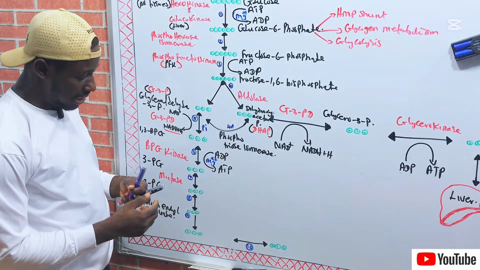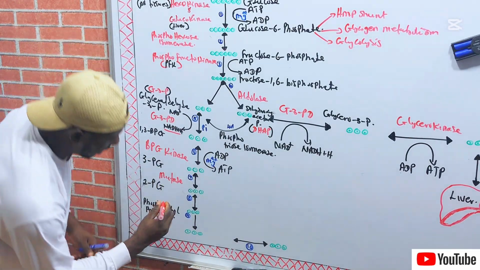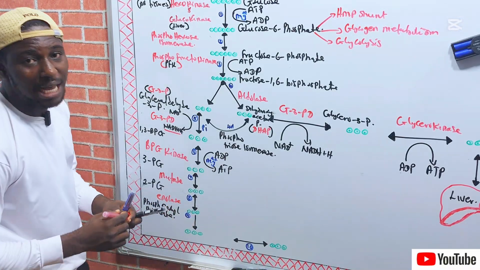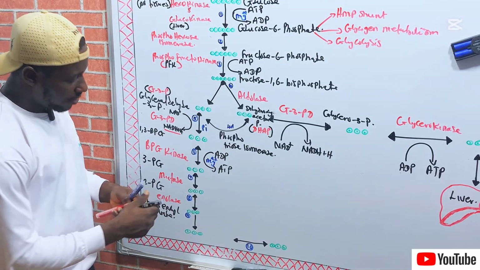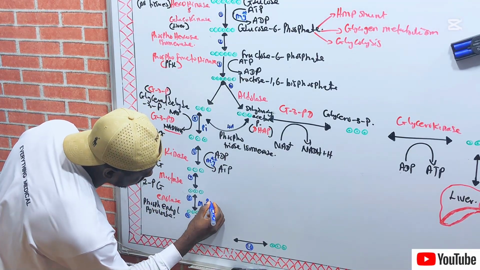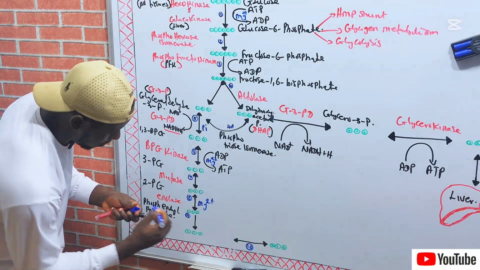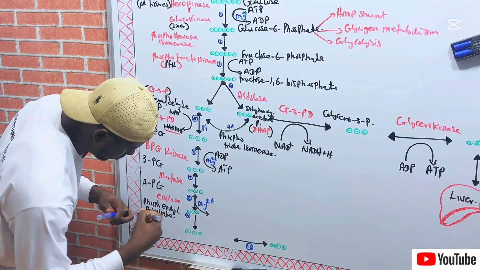This step 8 is being catalyzed by an enzyme called enolase. Enolase is a magnesium ion dependent enzyme. It uses magnesium ion as a cofactor. And one molecule of water is liberated or removed.